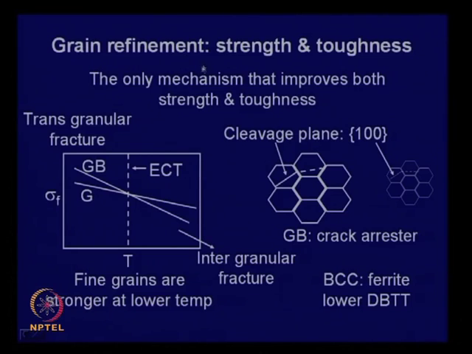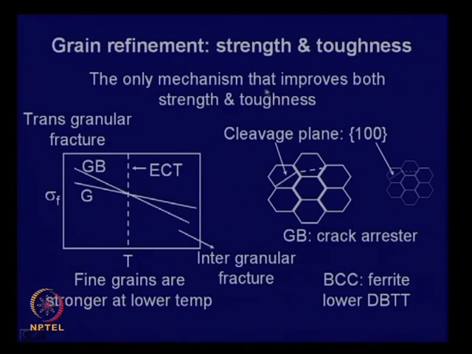A quick look at the basic principles of grain refinement, and why it improves strength, yet, unlike all other strengthening mechanisms, it improves toughness as well. So, this is the only mechanism that improves both strength and toughness. Now, consider any polycrystalline, single phase material, pictorially shown here, made up of different crystals arranged at random.